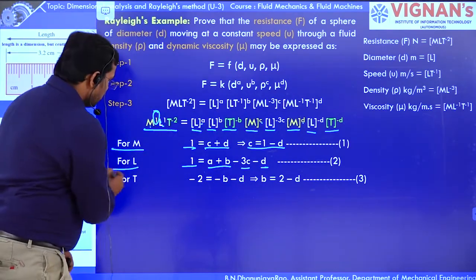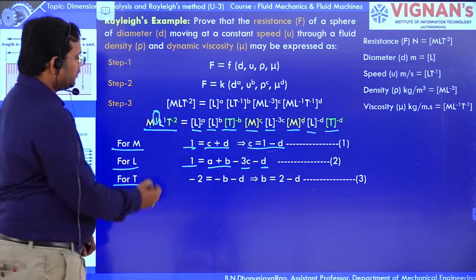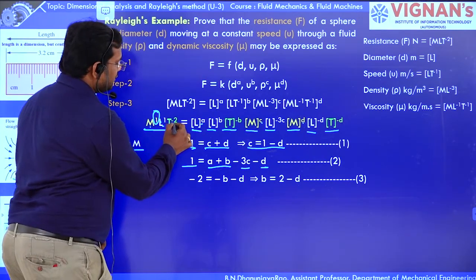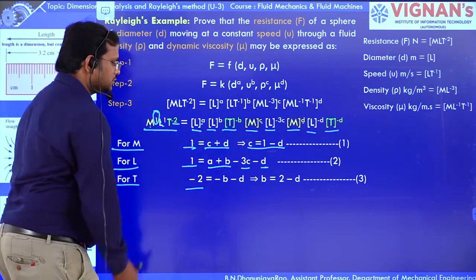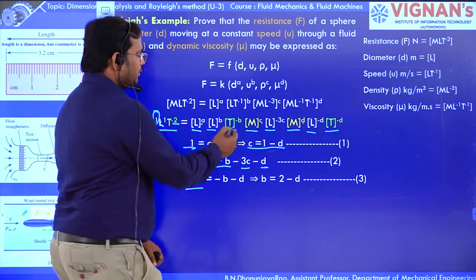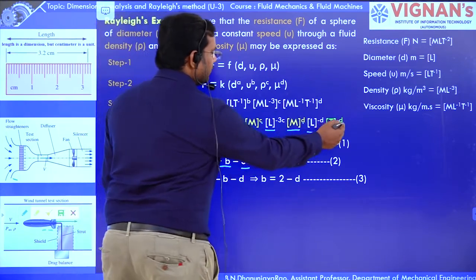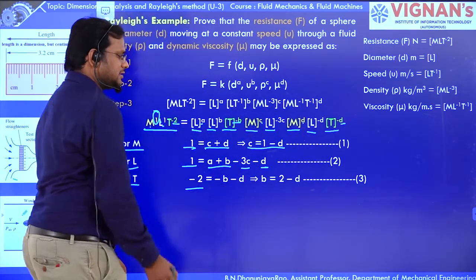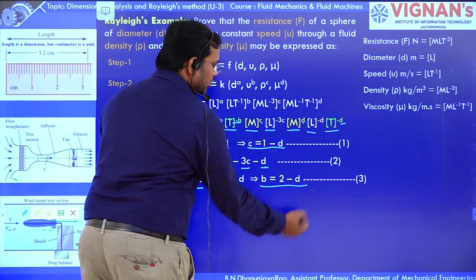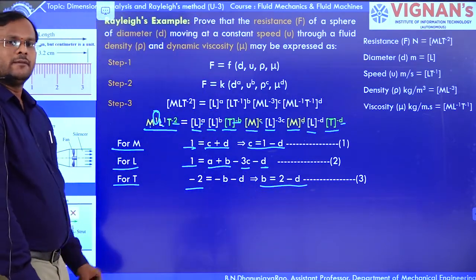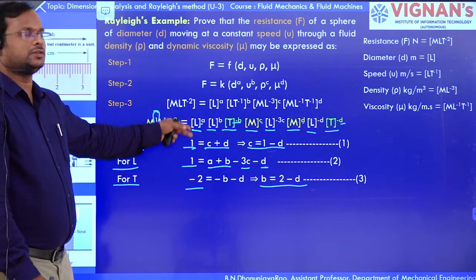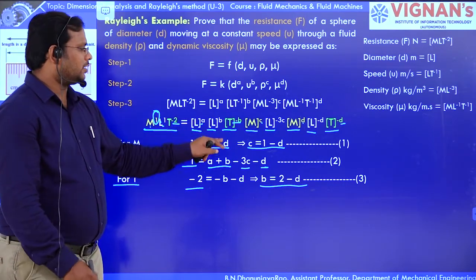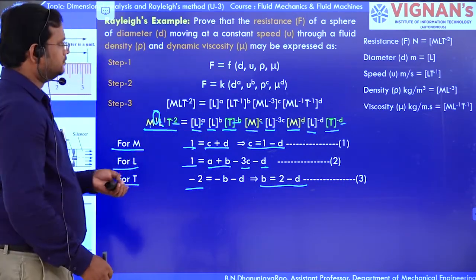Now for T, minus 2 is there on the left hand side, so minus 2 is equal to minus B minus D, which gives B is equal to 2 minus D. By solving all these equations we can get the values of the arbitrary powers.